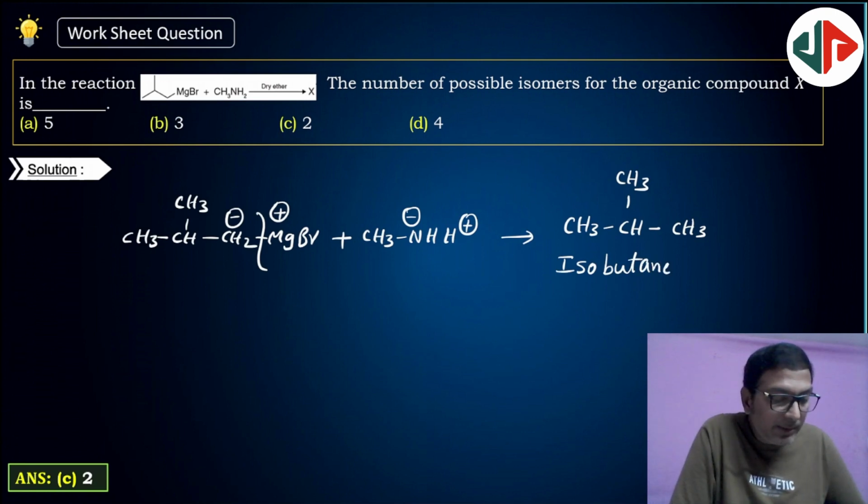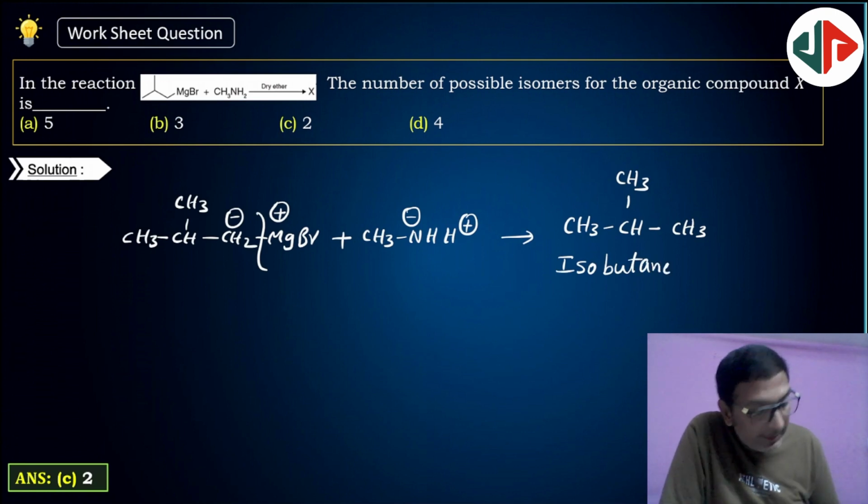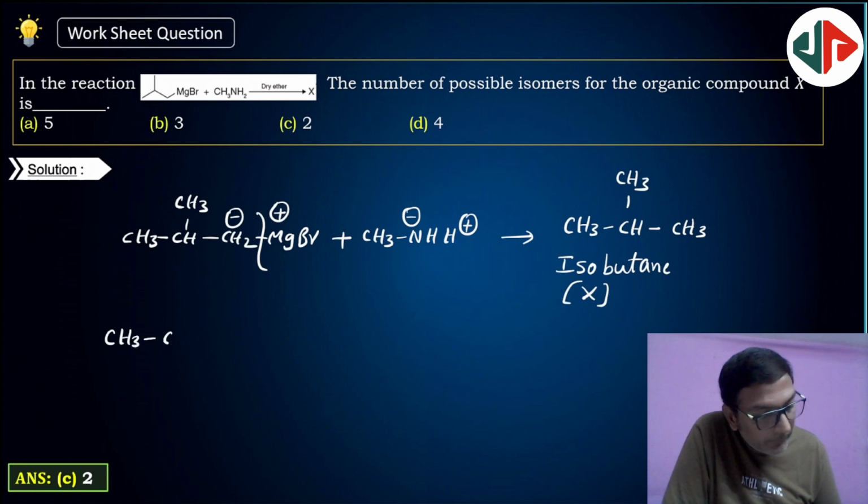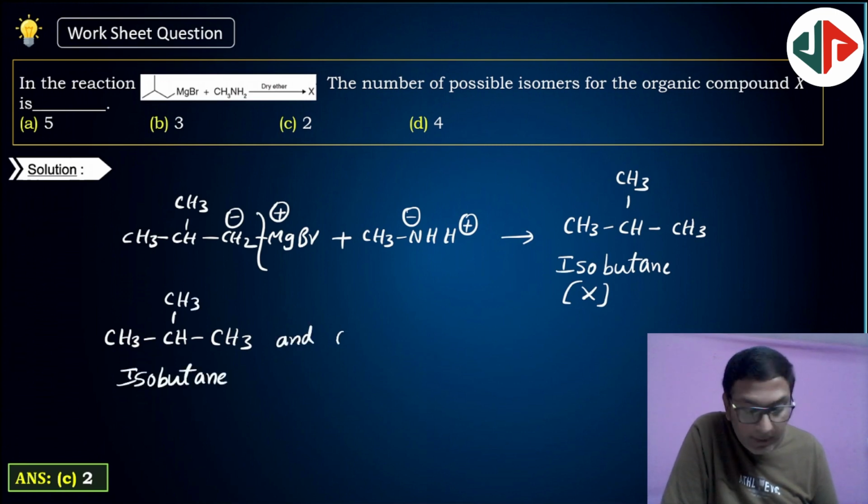The number of possible isomers for organic compound X. This is X. So for isobutane, we can write isobutane and n-butane.